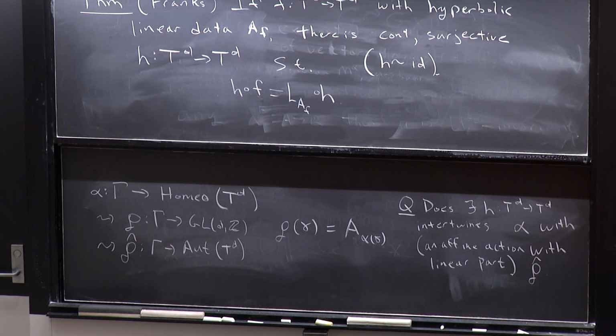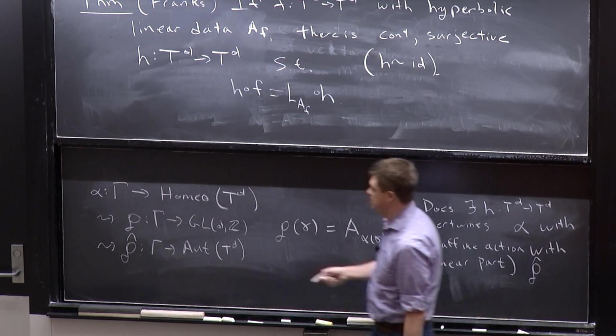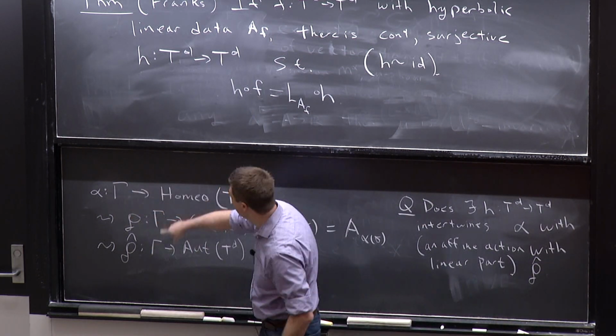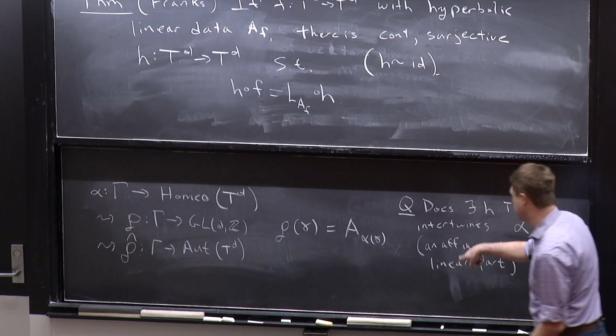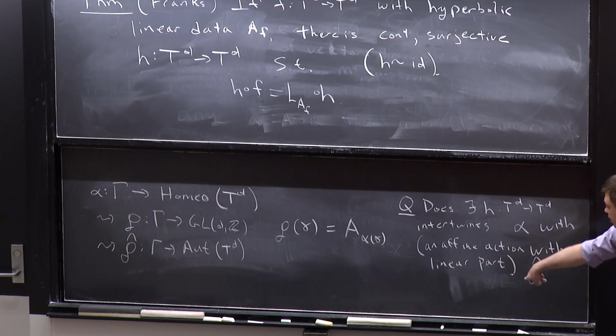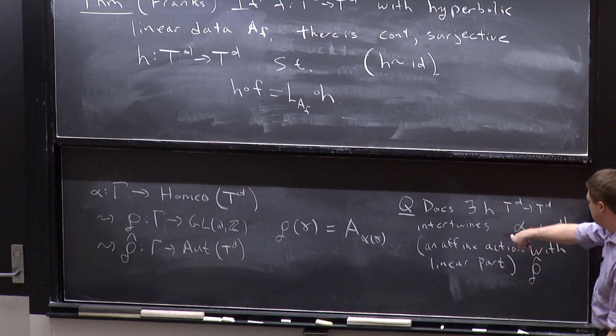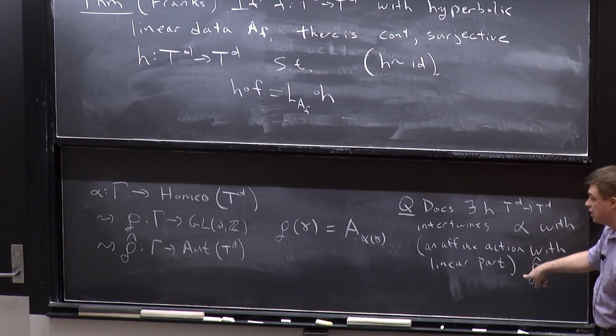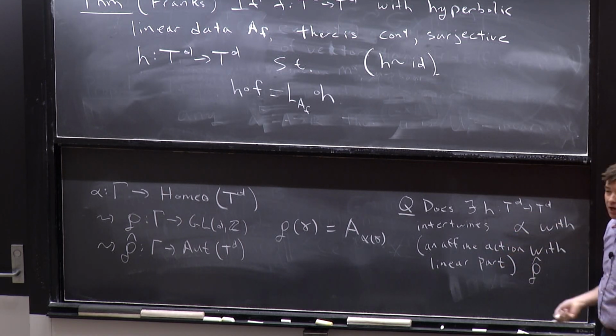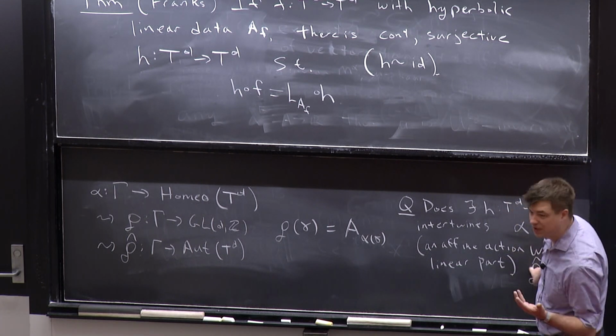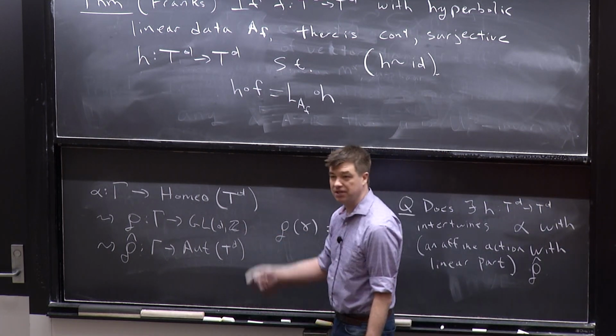So there might be some translations in the group just because this might be an action of a group bigger than Z. So you might have to have some translations inside. But essentially, you want to ask, can you find some change of coordinates that takes your abstract action and makes it something that's linear or something that's affine? And the linear part of the affine should be the obvious thing.